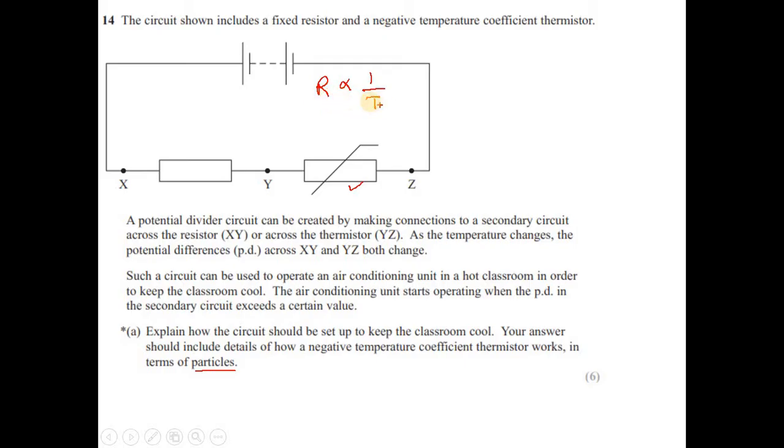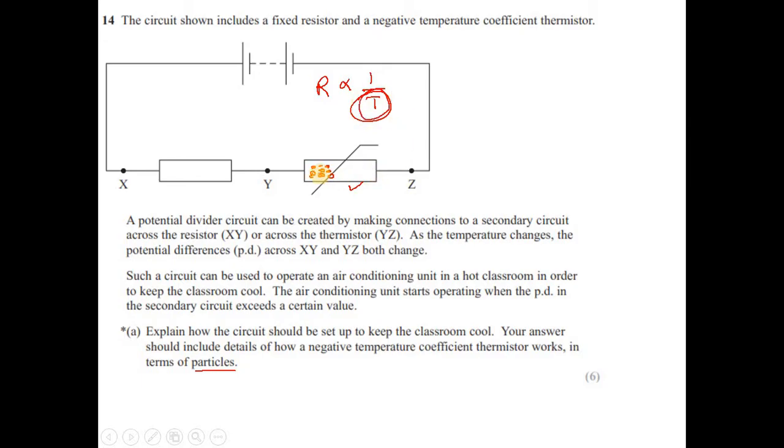The reason for the decrease in resistance is that increasing temperature causes the number of conduction electrons in the thermistor to increase with more energy. So high energy particles are created more and more as you keep increasing the temperature.